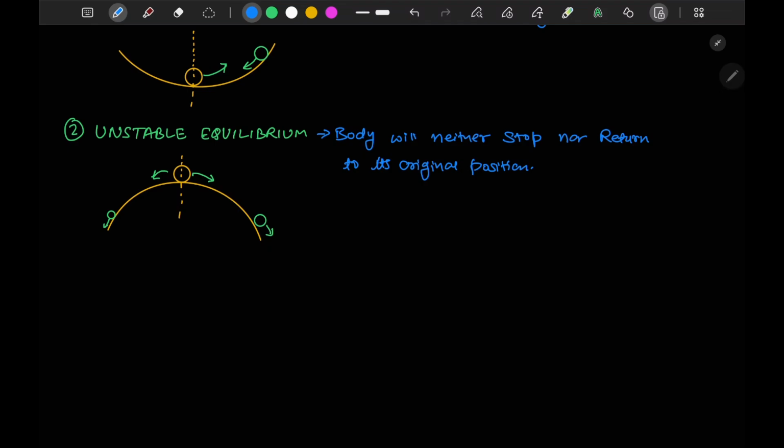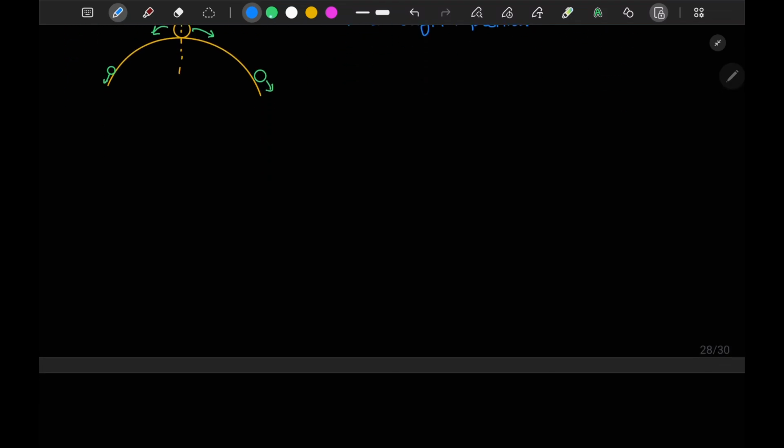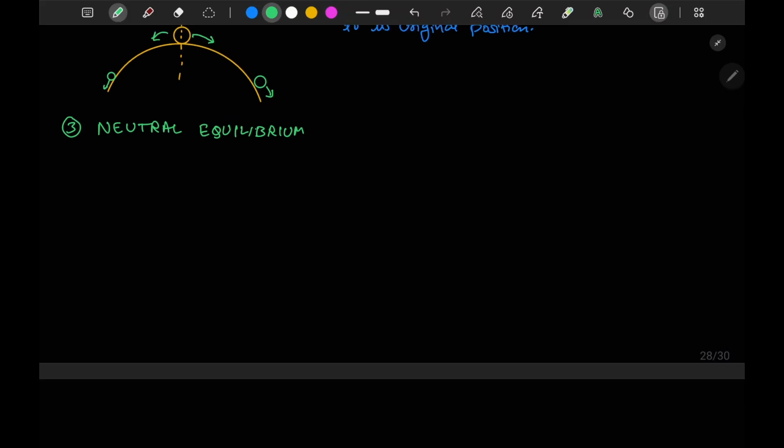Now let's talk about the third type of equilibrium, that is neutral equilibrium. So let's say that we have a surface that is flat, and we have kept a ball on the surface.